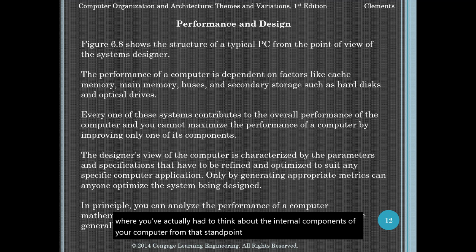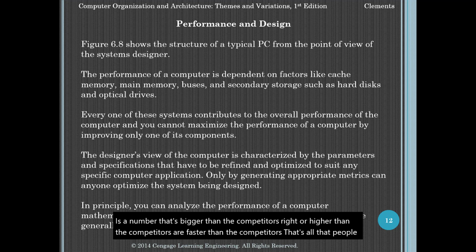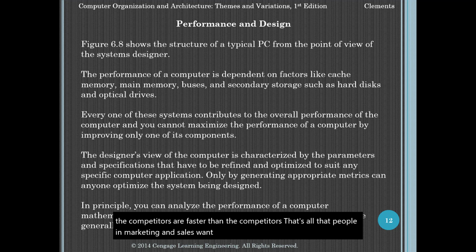all those folks want is a number that's bigger than the competitors, or higher than the competitors, or faster than the competitors. That's all that people in marketing and sales want. And the shareholders, they've never heard of a benchmark. They do know a dividend when they see it. And the end user just wants value for money.